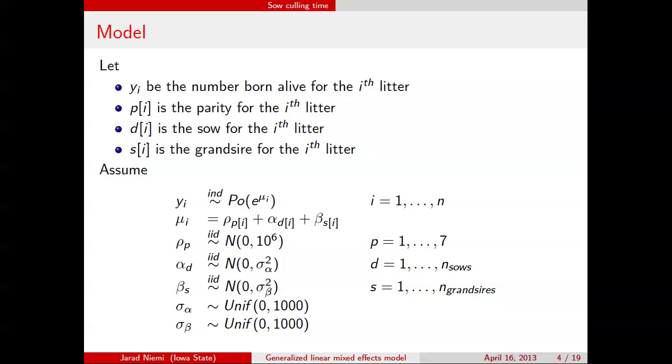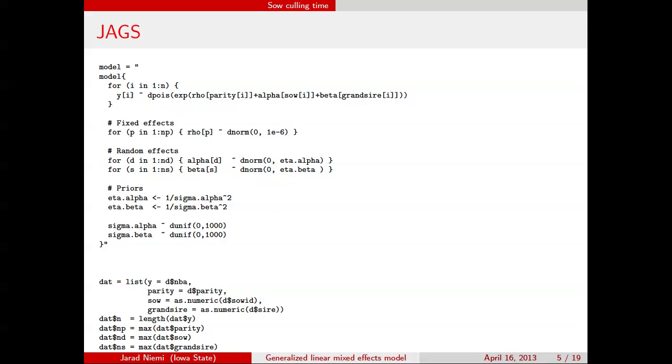Other questions? All right, so I think the next then is showing the model in JAGS. Now that I see it up here, maybe not the cleanest way to write the model, because I put everything into that one line for the observations. All right, so we assume that the data here are independently distributed Poisson.